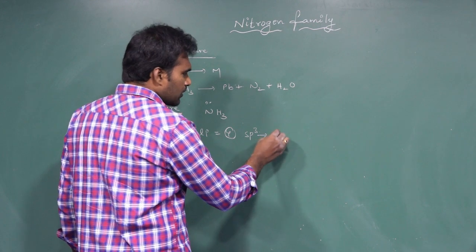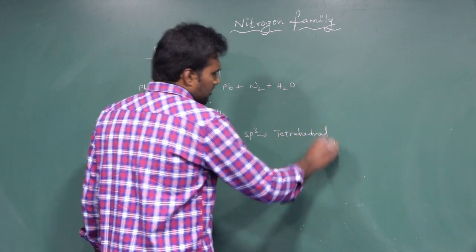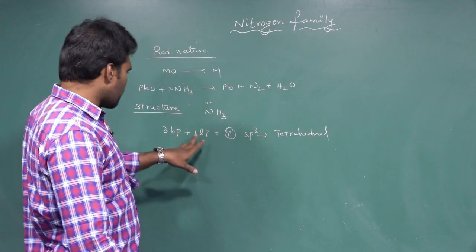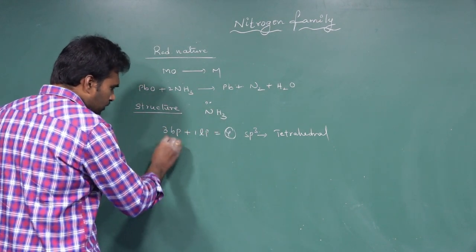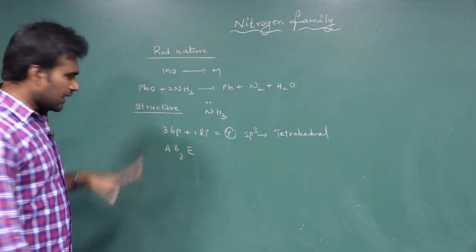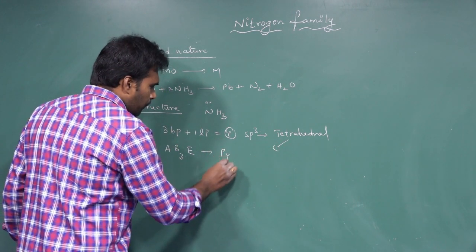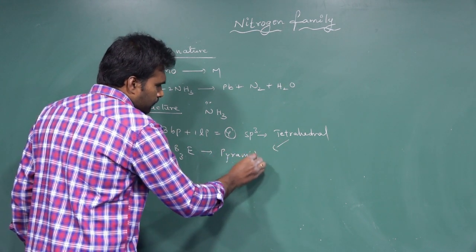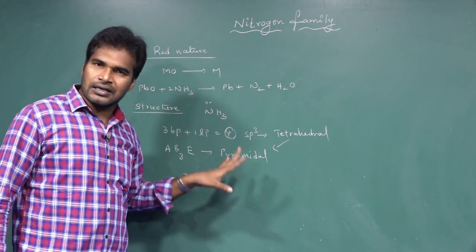The regular geometry is tetrahedral. But because of the presence of a lone pair, it is AB3E type, where A is the central atom with 3 bond pairs and 1 lone pair. In AB3E type, the tetrahedral geometry becomes pyramidal in shape. So ammonia is pyramidal in shape.